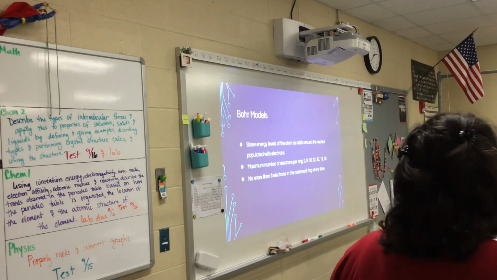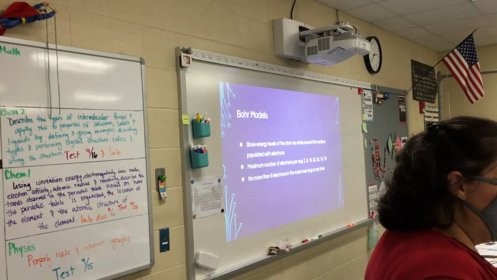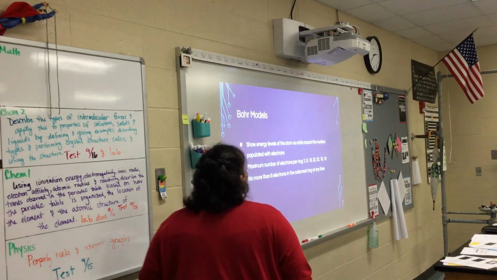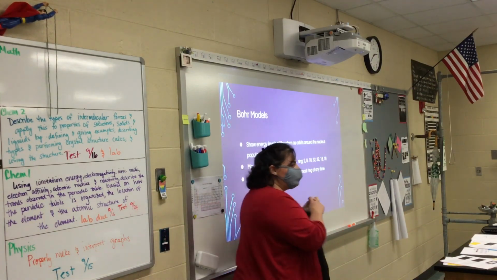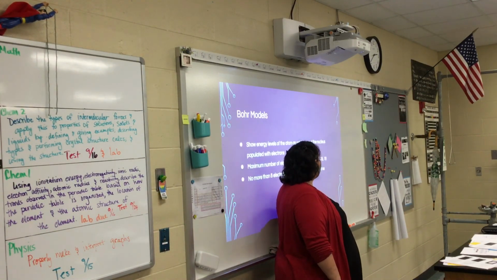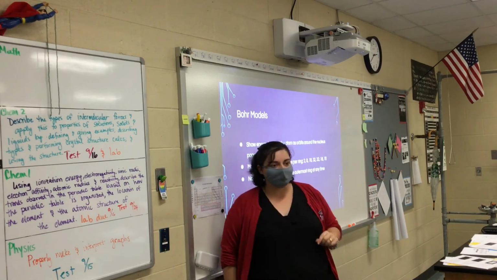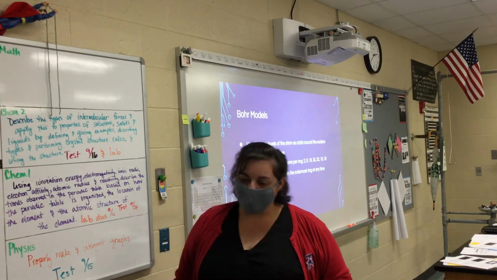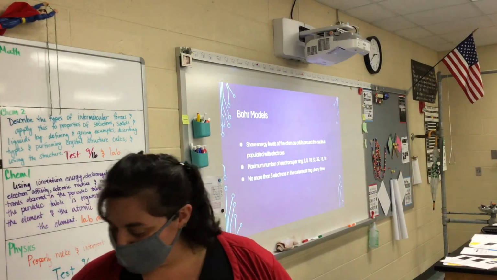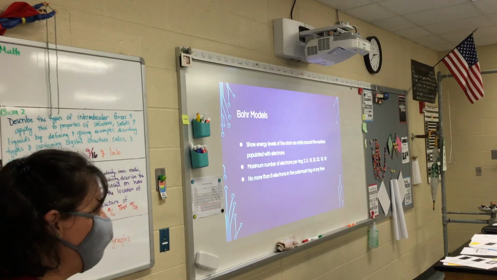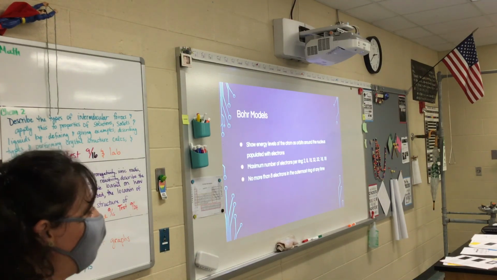The maximum number of electrons per ring, per energy level, per shell, starting nearest the nucleus at energy level 1 is 2, 8, 18, 32, 32, 18, 18. Is it a pattern or does 18 go on forever? There's a pattern. Does it start back up at 2? Nope.